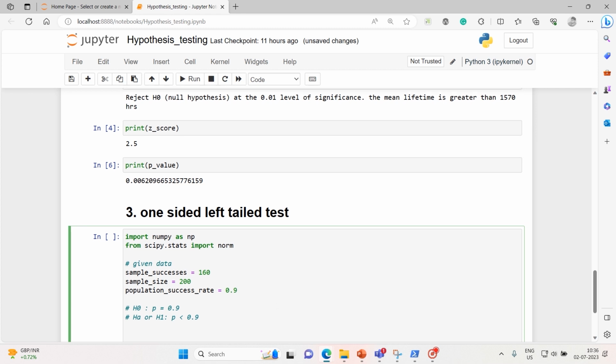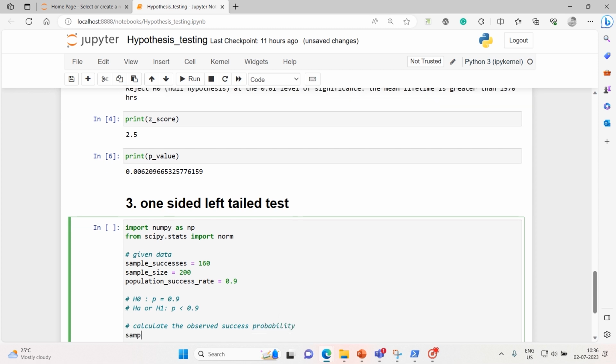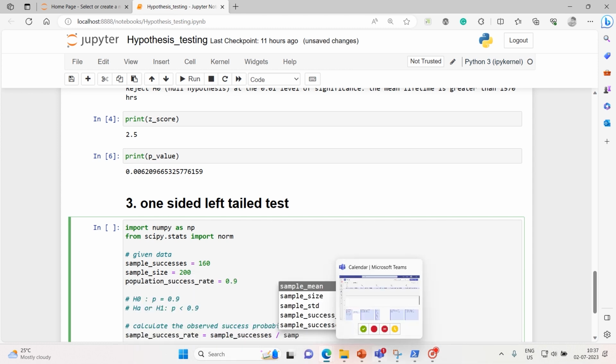Let's calculate the observed success probability first. So sample success rate is equal to sample successes divided by sample size.